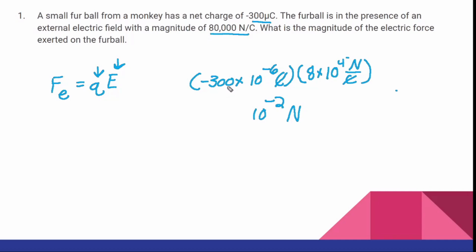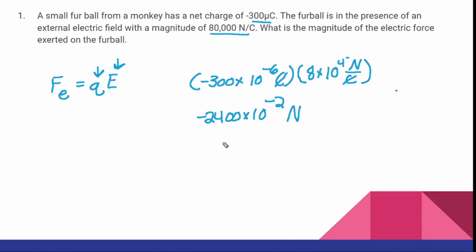Now we have to multiply 8 by negative 300. This will result in us getting negative 2,400 times 10 to the negative 2.